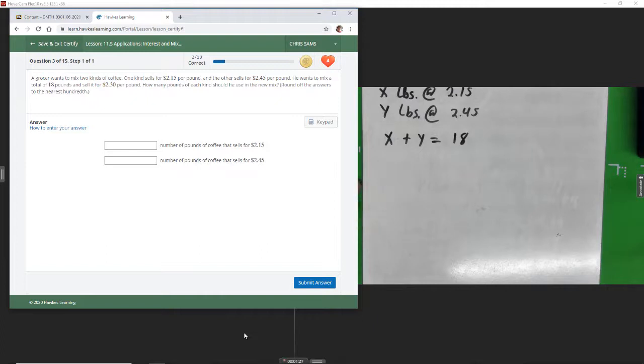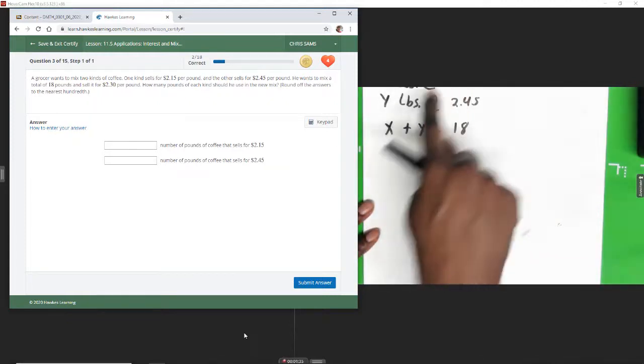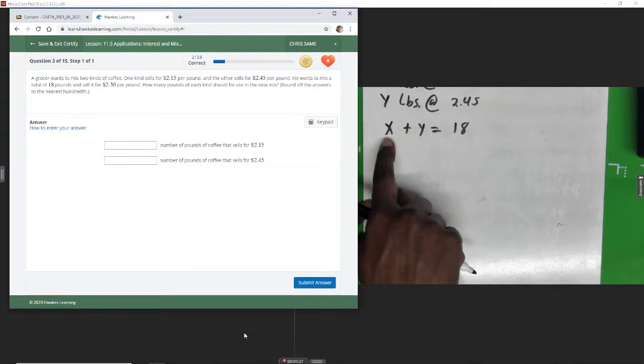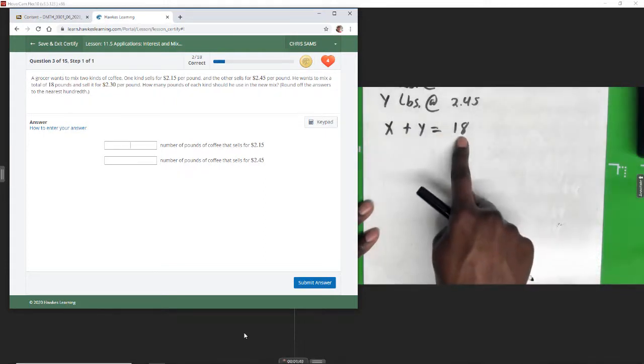All right, and then we have to use our dollar amounts to figure out total. So if we multiply the cost times the pounds, and then this cost times this pounds, it gives me the overall cost, which is the $2.30 times this pounds. You got to put all that together.